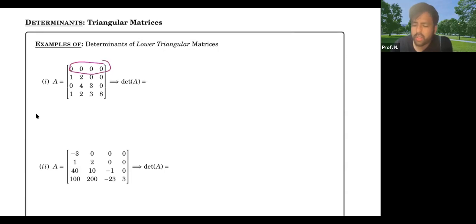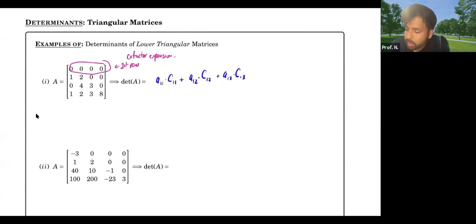So if you have all zeros, what happens when you apply the cofactor expansion across the first row? I'm supposed to get A11 times C11 plus A12 times C12 plus A13 times C13 plus A14 times C14.